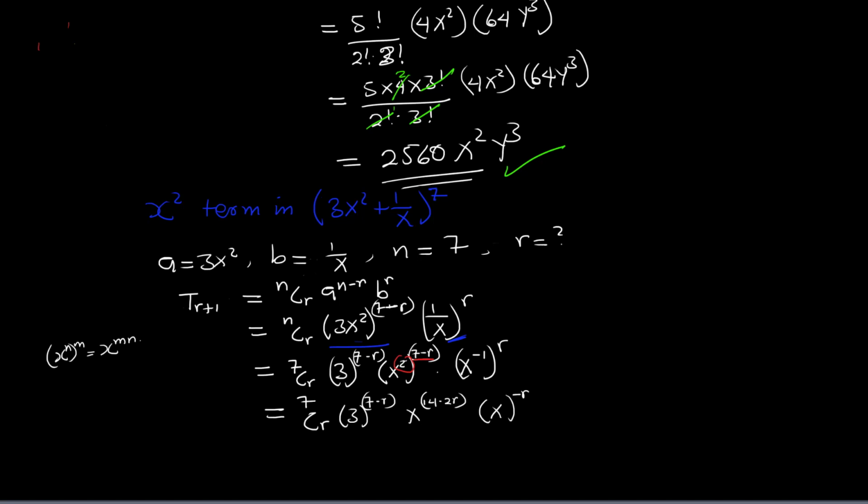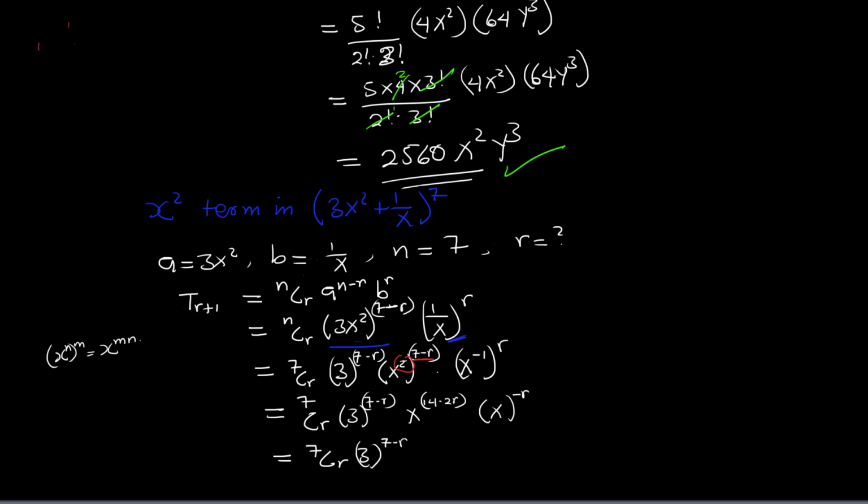Now, we are told from the question that the exponent equals 2. So we can write 7 combination r, 3 to the 7 minus r.